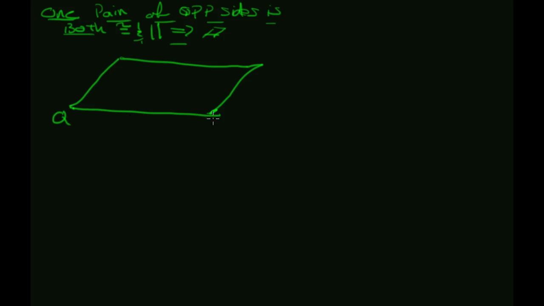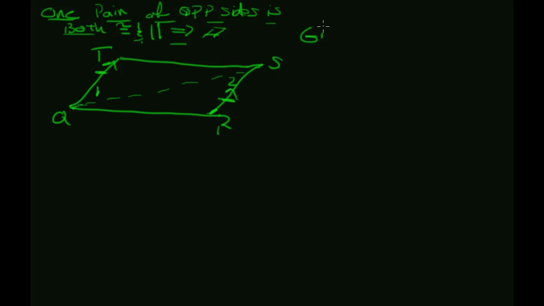So let's start with QRST. Now I'm also going to need a diagonal here. We'll call this angle 1. We'll call this one angle 2. And we're going to make TQ and RS congruent, and we're going to make them parallel.